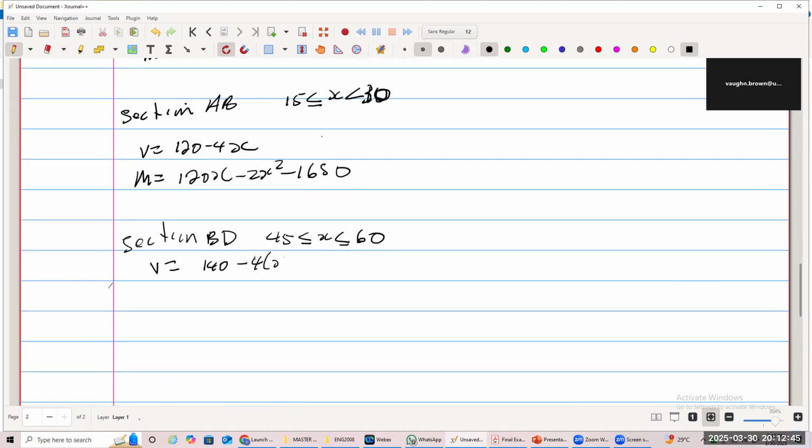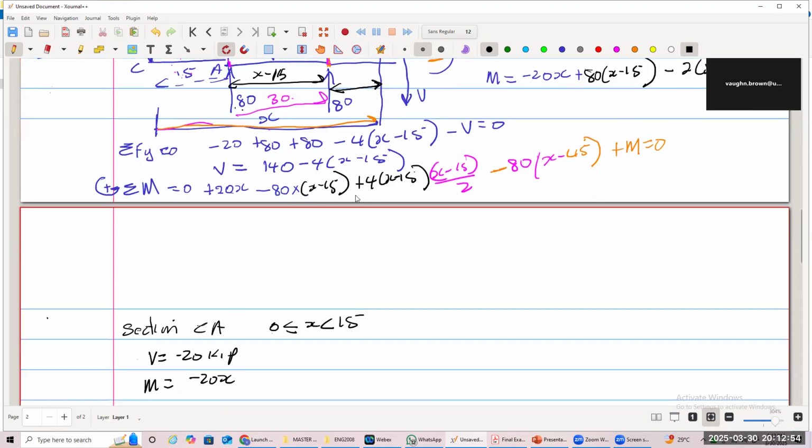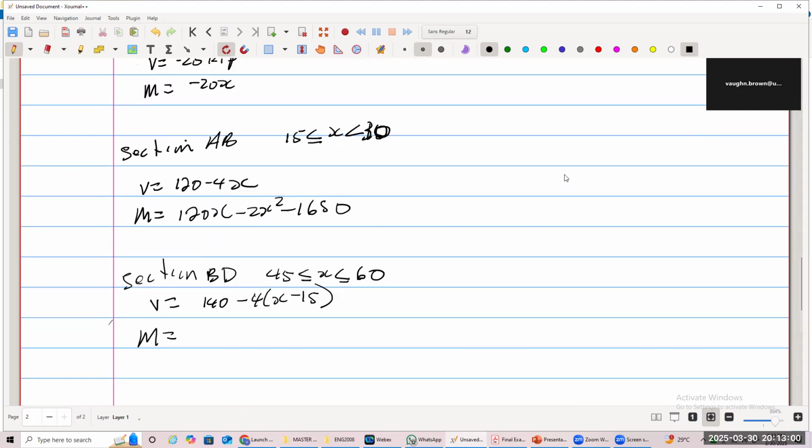Let me just check that. Was that what we simplified to? It simplified to this. Okay, 140x minus 15. All right, cool.